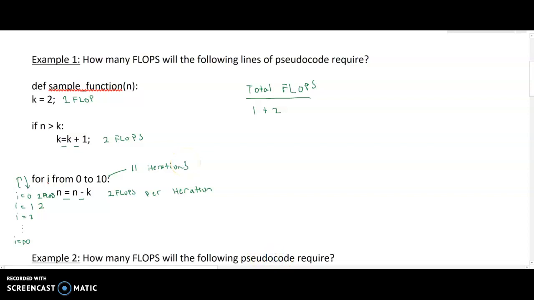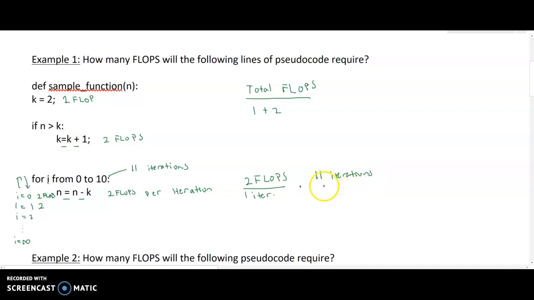In this particular case, in the worst case, the code will run 2 flops per iteration. If we do the unidimensional analysis, this is 2 flops per iteration, and we're going to have 11 iterations.